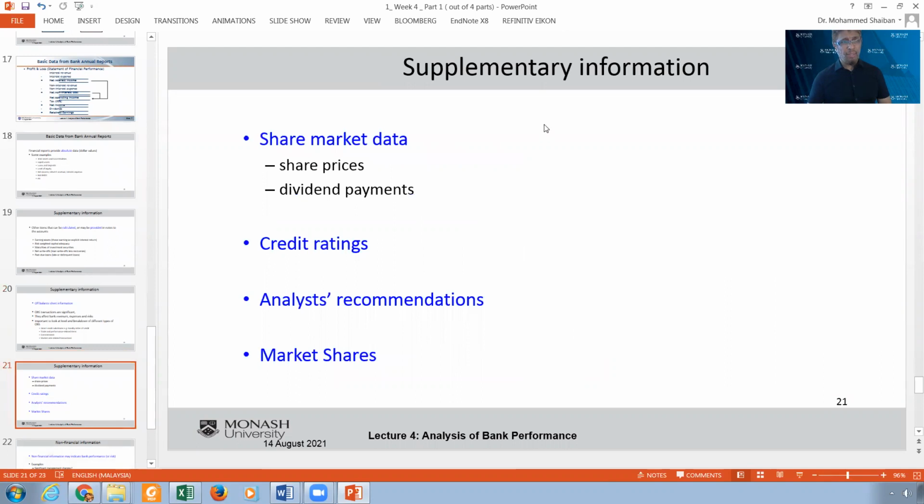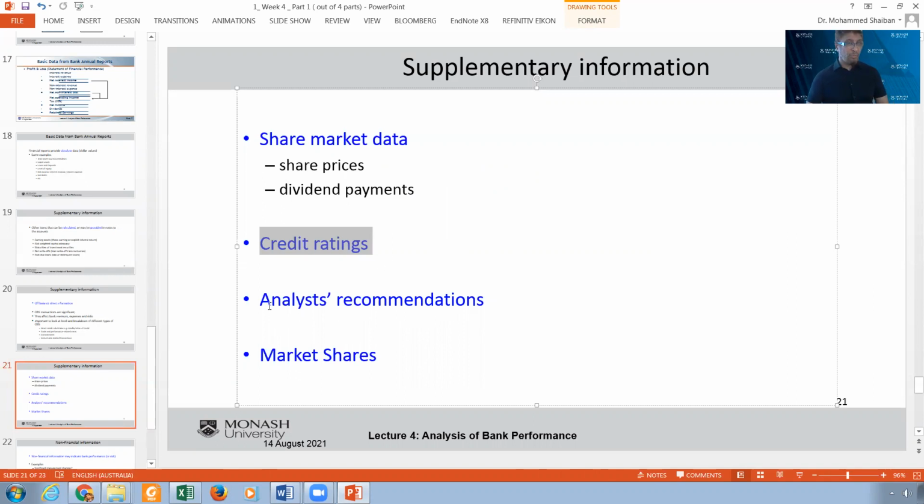Okay, now let me go to the supplementary information. We also have share market data, related to the share price and dividend payments, and we can do some analysis about this. Rating agencies provide good information about banks, and it is accurate information.